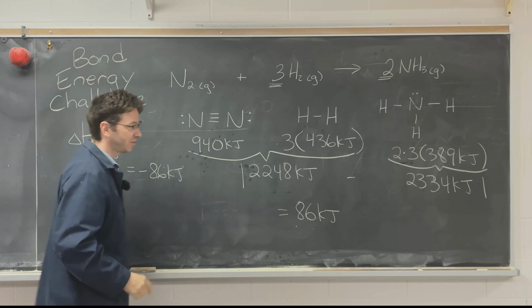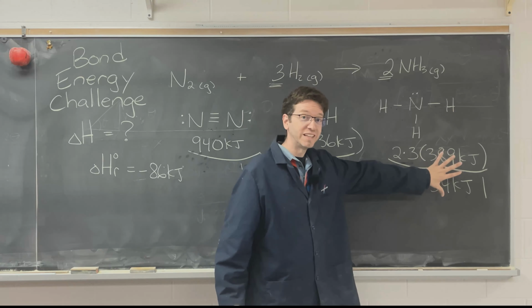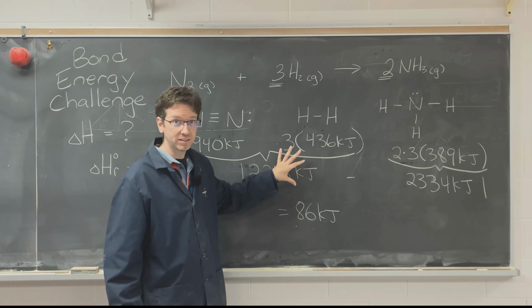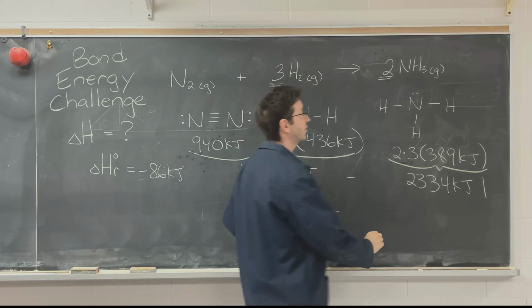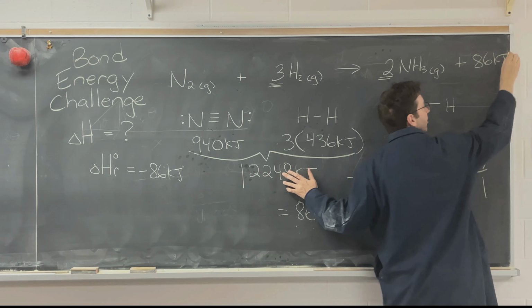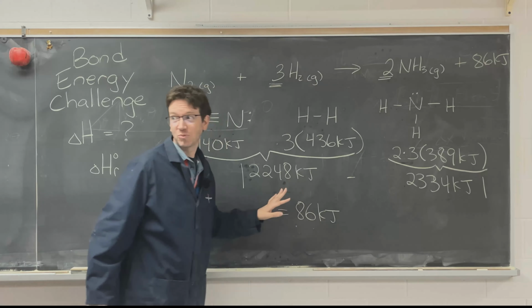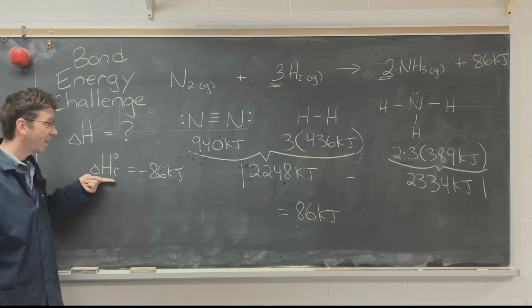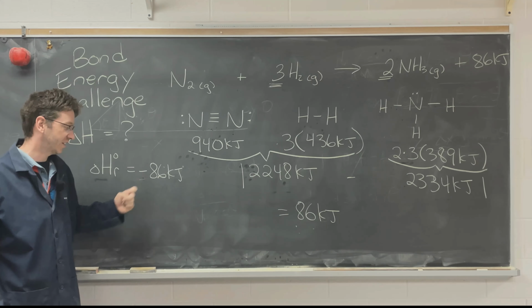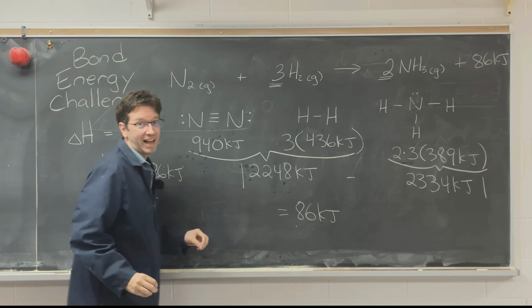Why is it minus? Because we are releasing more energy than is required. Therefore, it's exothermic, and our 86 kilojoules go there in the products. And when we put it there in the products, our change in enthalpy is going to be negative for an exothermic reaction. I hope that's helped.